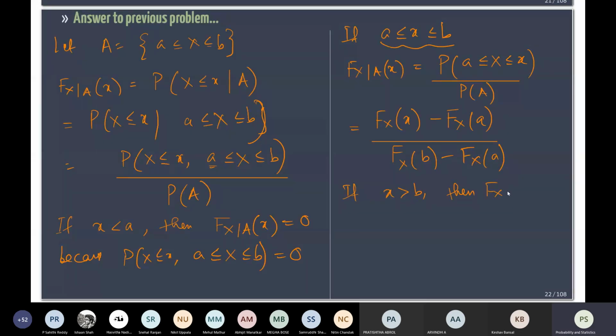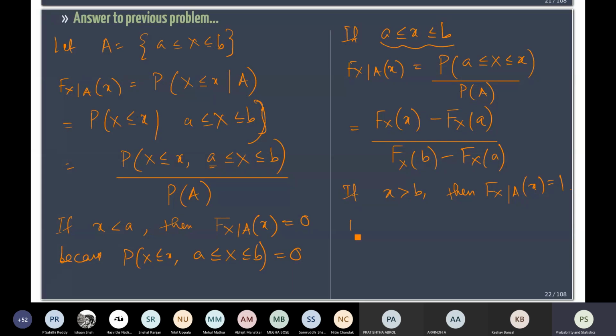If X is greater than B, then it will force each of these to be greater than B, and in that case the conditional CDF is going to be 1.